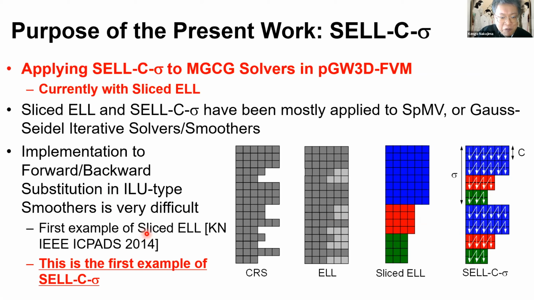I think my result 6 or 7 years ago was the first example of sliced ELL in such a case, and I believe this work is the first example of SELL-C-sigma for this type of forward and backward substitution.